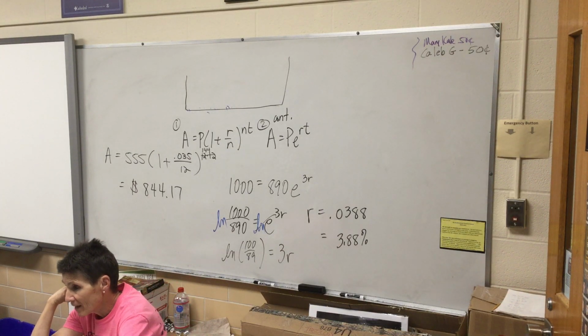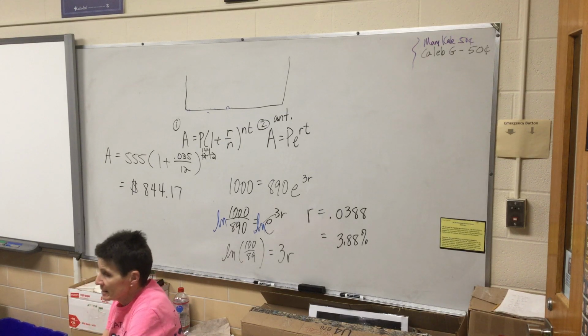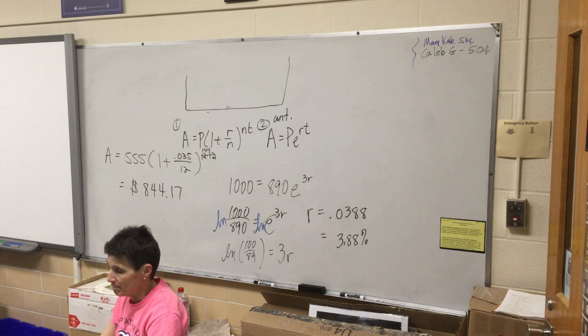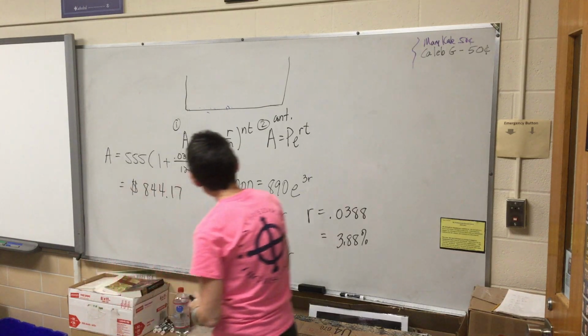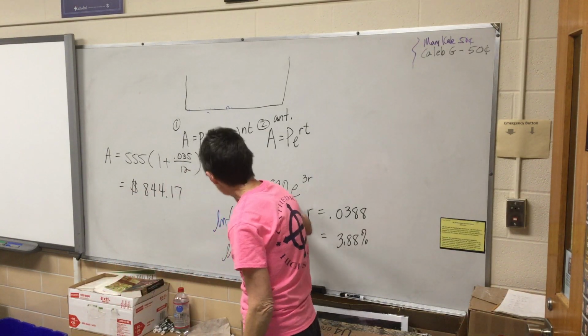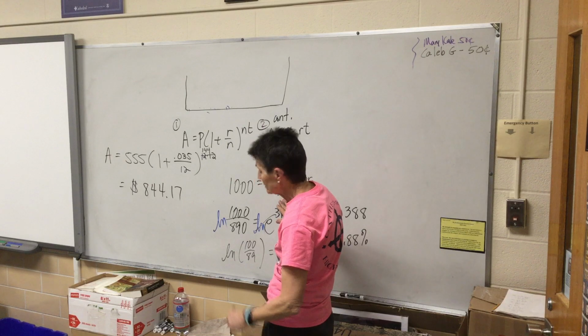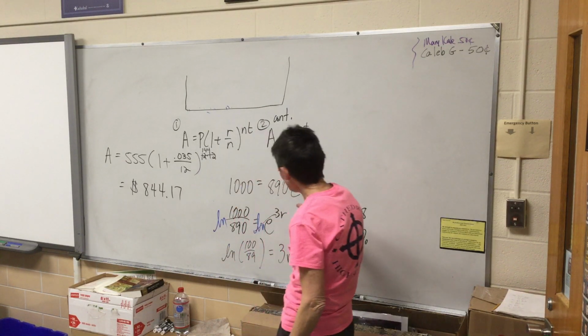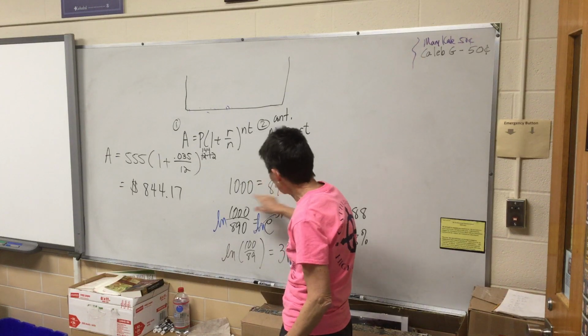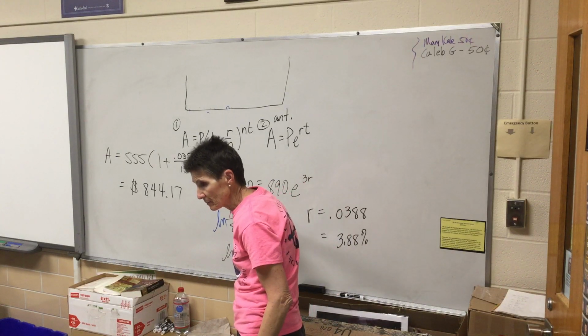These formulas are used when you are making payments. So, when I think about the problem I just did, I walked down to the bank, I handed them $890, I came back 3 years later and I wanted to have $1,000.